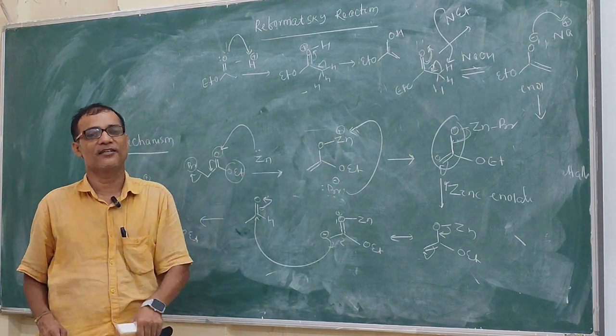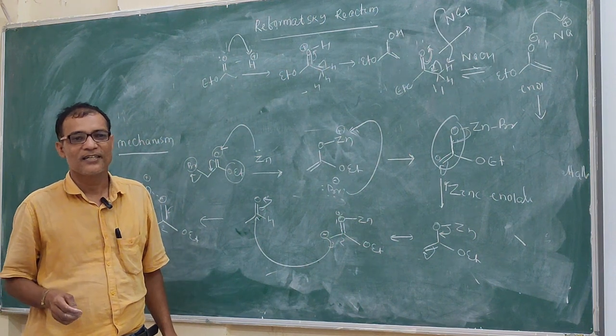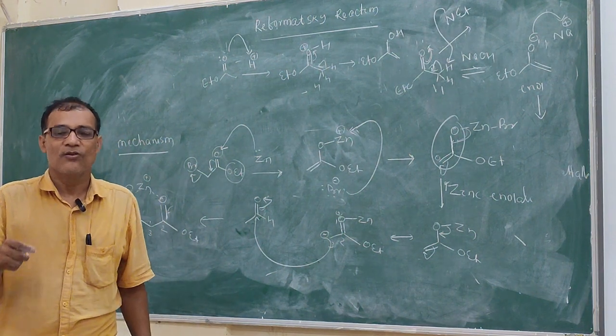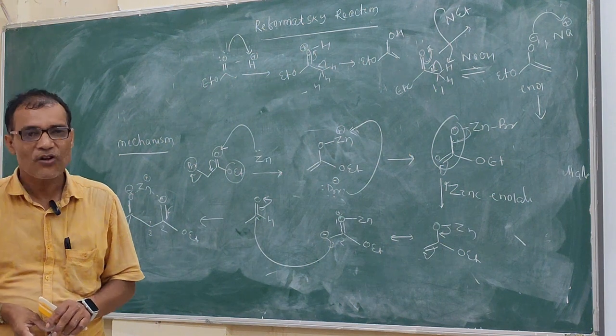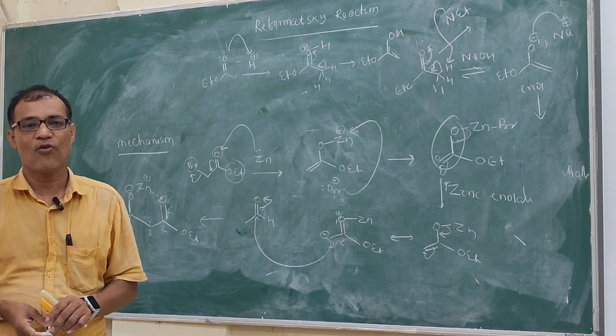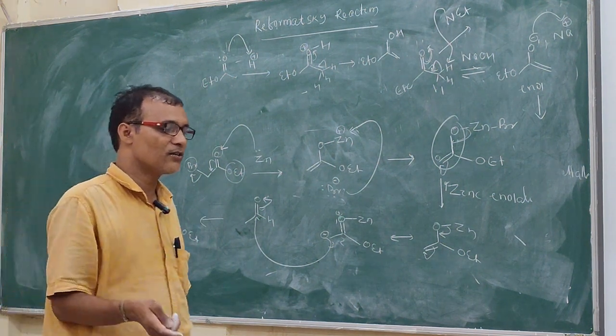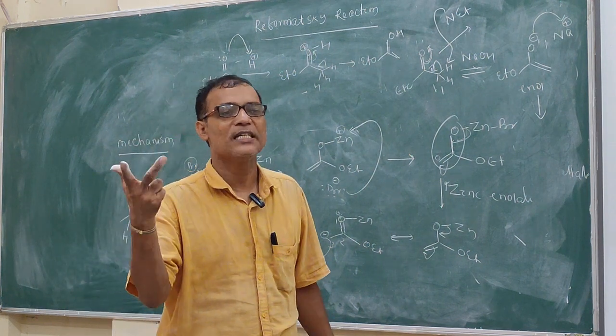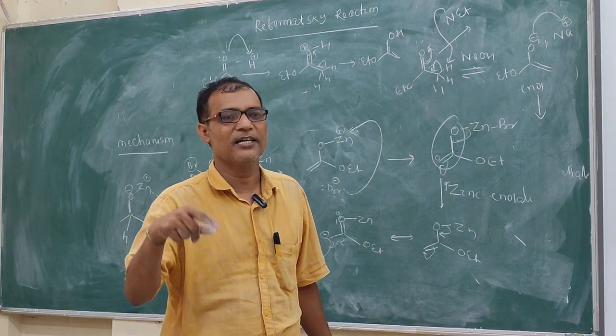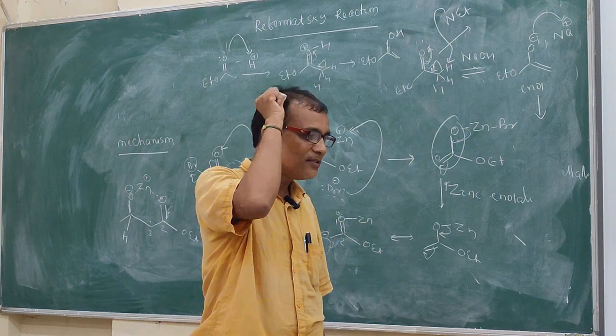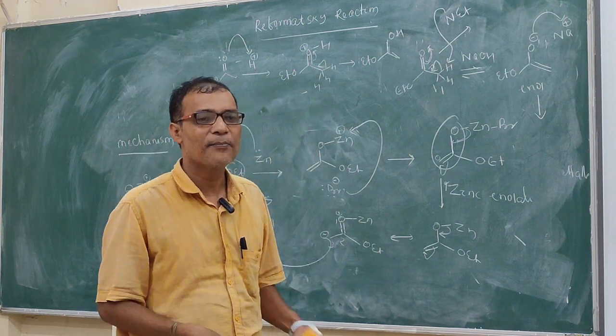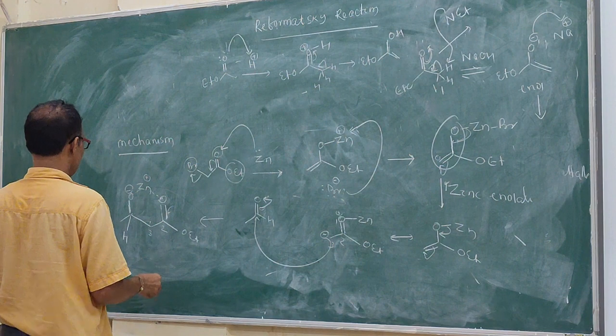It is forming an enolate. And that enolate will act as a nucleophilic center. So once you form the enolate with zinc and alpha bromo ester, that enolate is very good for attacking a plus center. So what will happen now?